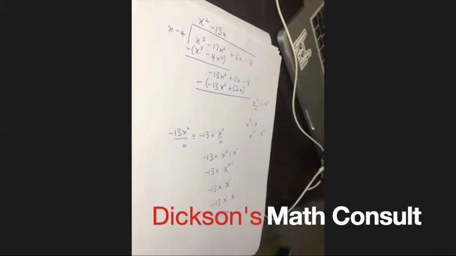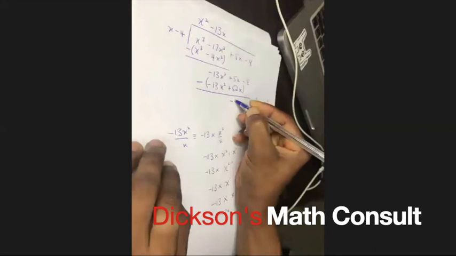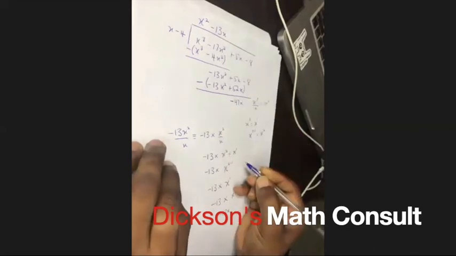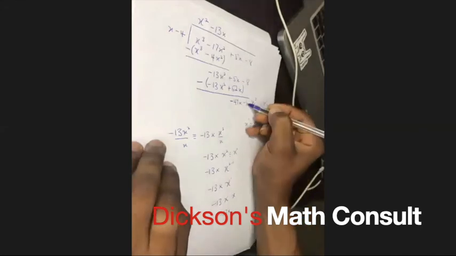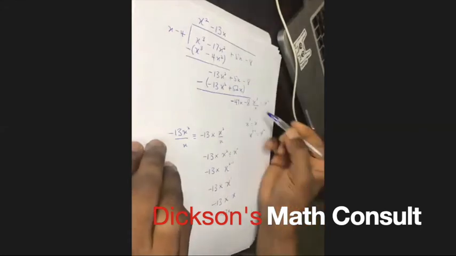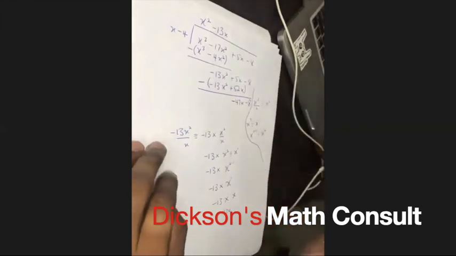Negative 47x. Good. So negative 47, and then I just bring my negative 8. Very, very simple.